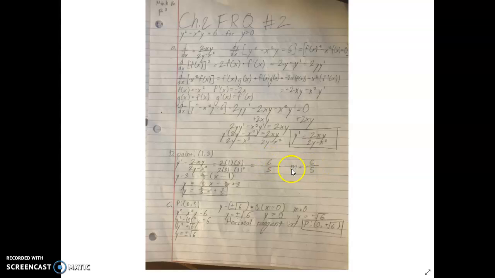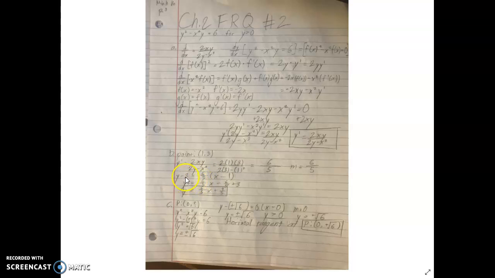And so by finding the slope, we'll be able to find the tangent line at that specific point, which is 1, 3. So after we find the slope at that specific point, we can plug it into the formula for the tangent line, which is y minus y1 is equal to m times x minus x1, and we're able to plug in our values for x and y, and also our slope for m.